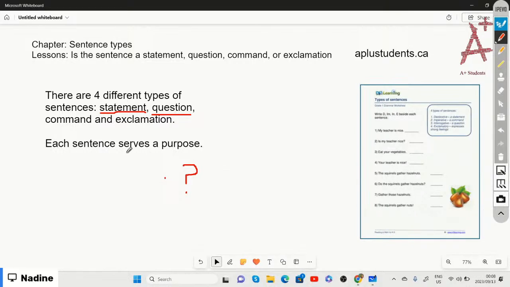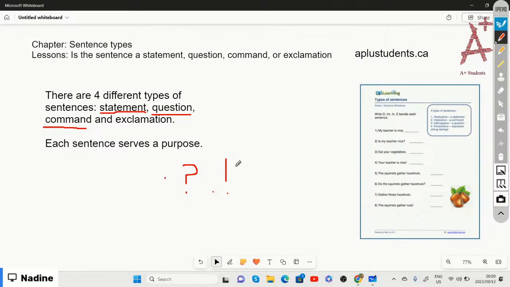Then we have a command. A command is where you are telling someone to do something.